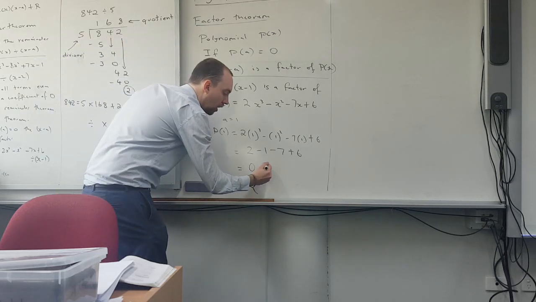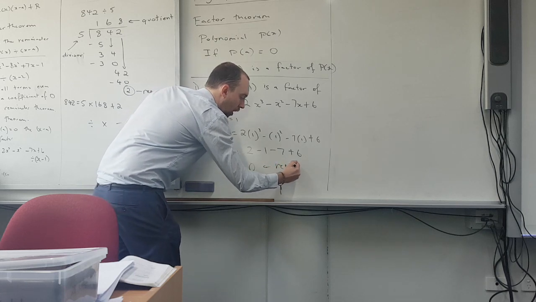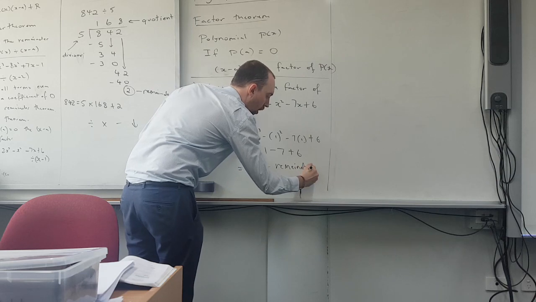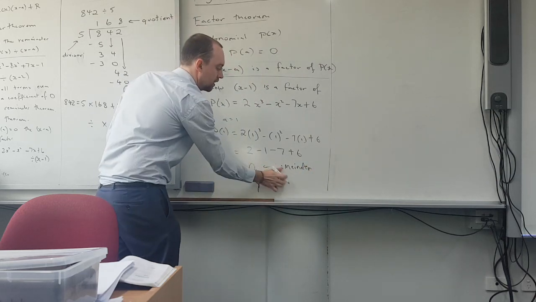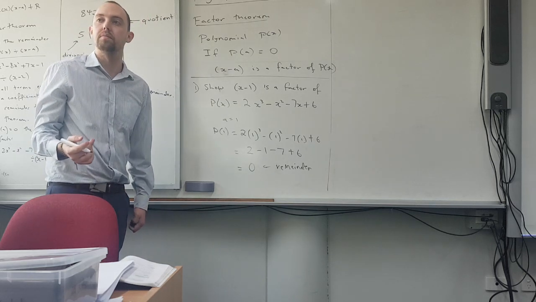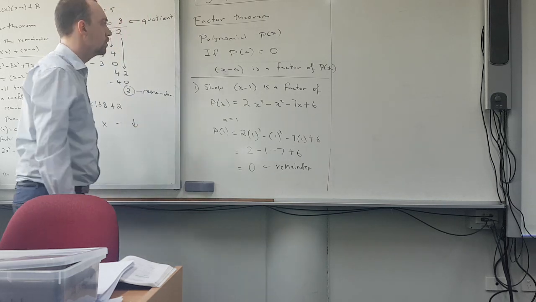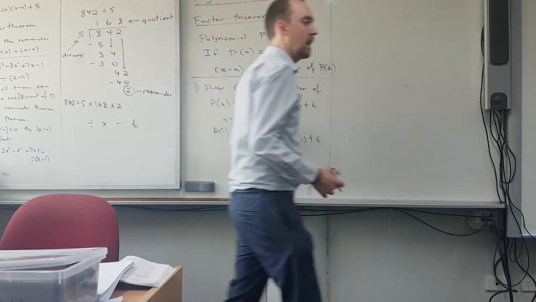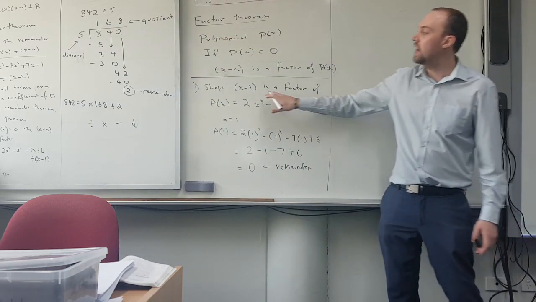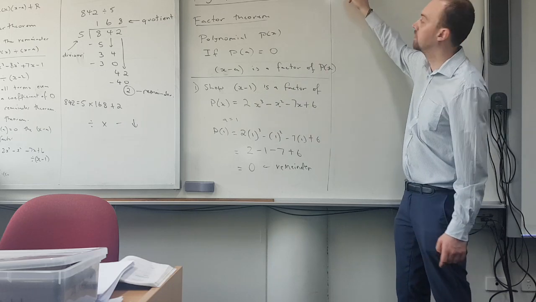Remainder of 0. If our remainder is 0, then it is a factor. So let's use our long division to find out what's left of this polynomial once I take out x take 1 as a common factor.